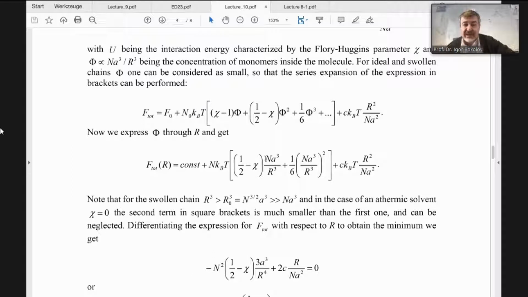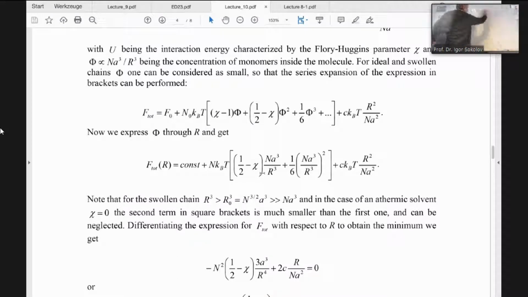Phi is N a cubed divided by r cubed. So here I had to have phi to the power of 6, here phi to the power of 9. And there is here n0. Let me check it for myself.